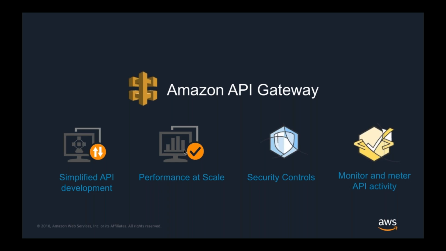Although you can use other backends with API Gateway, it does have tight integration with Lambda. And so it allows you to create completely serverless RESTful APIs by using Lambda. Once your API is deployed, API Gateway provides you with a dashboard to monitor the calls to your services, to see performance metrics and information about data latency, as well as error rates.